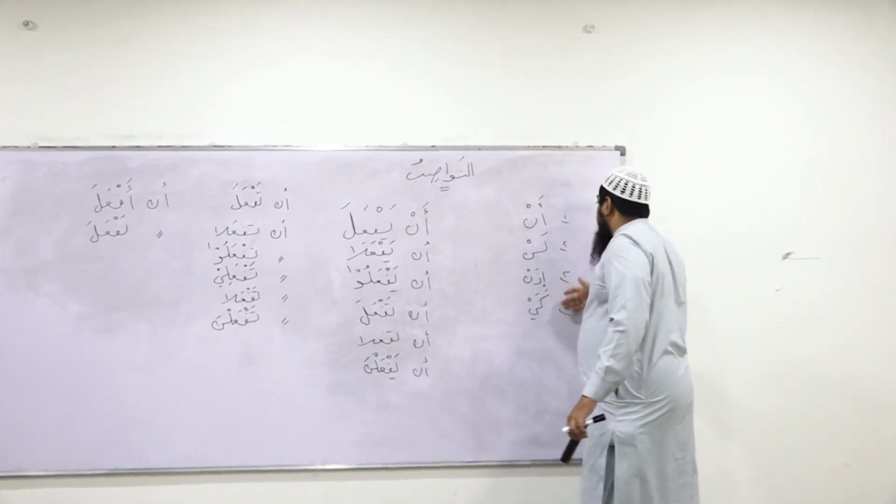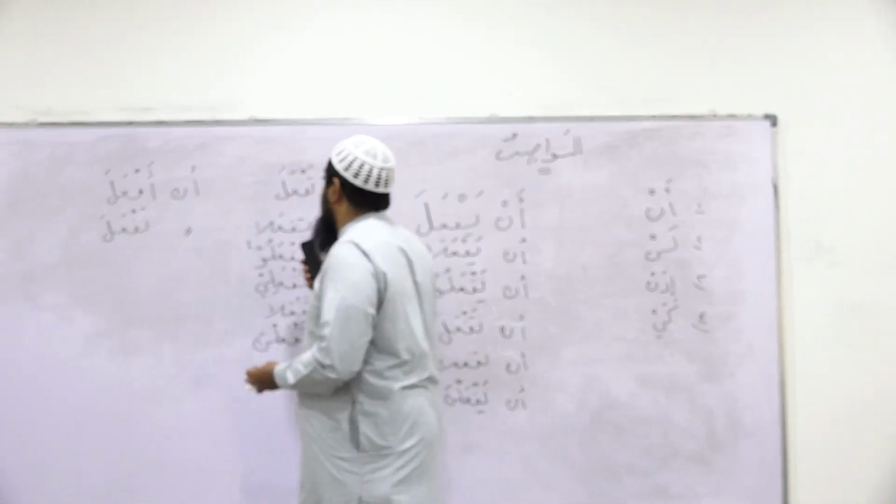Now an, lan, idan, kai, these are nawasib. Okay, let's go to another one.